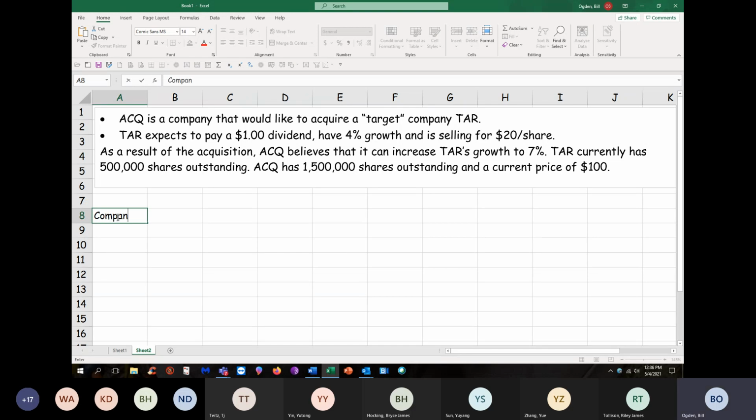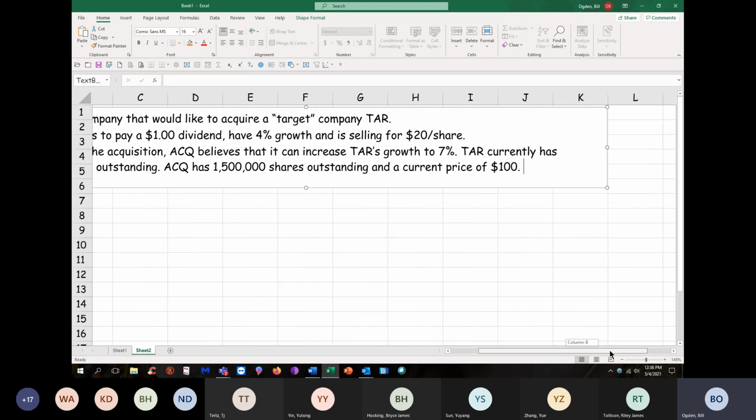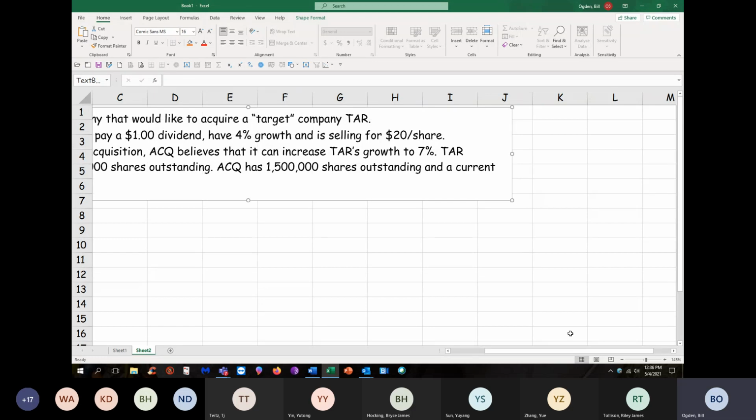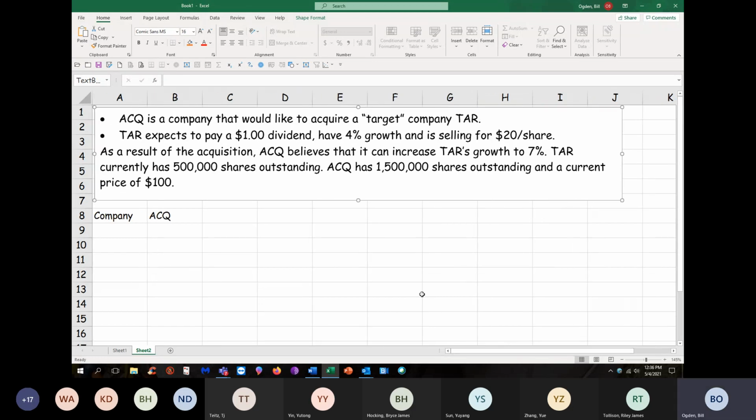the company. And we have our two companies, and this would be ACQ. I'm going to blow this up a little bit. It's still too small. Well, then I have to shrink this, don't I? All right, we'll work around this somehow. Let's make this a little fat. See if that works. Oh yeah, there we go.